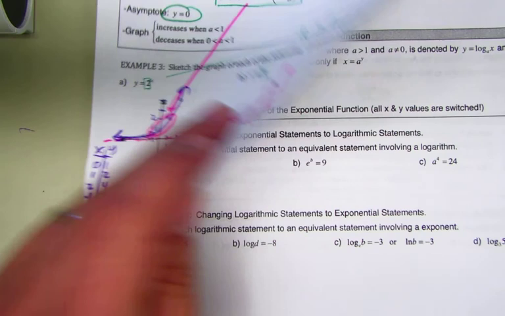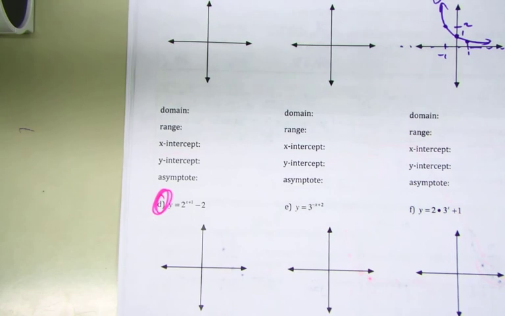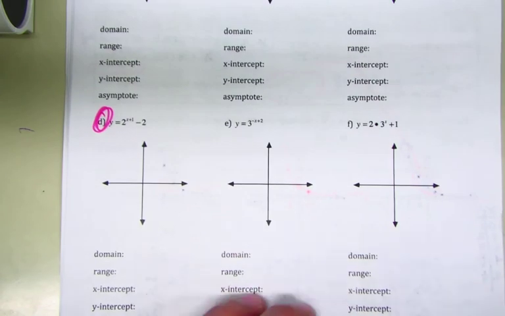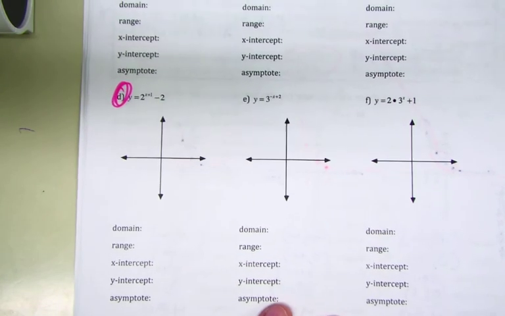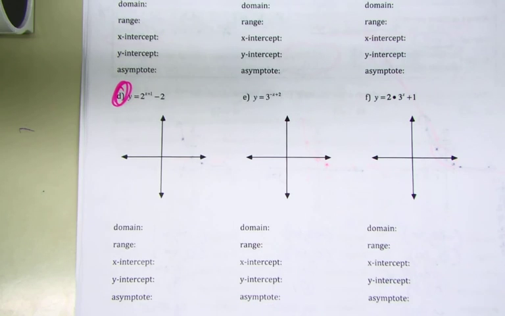Okay, then let's just finish with example D. Let's do that one together, and then you guys will have a chance to work on the packet or get a head start in Math Excel, whatever you guys want to do. Okay? Why don't you guys try it first? Get a picture first, and then we'll go ahead and do the details together.